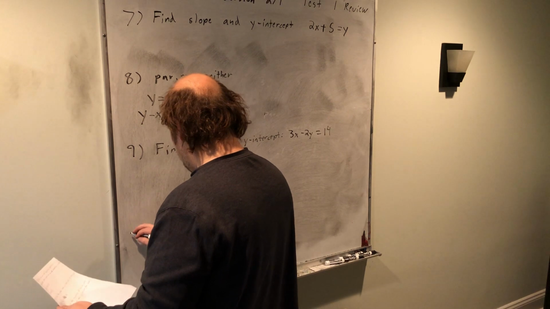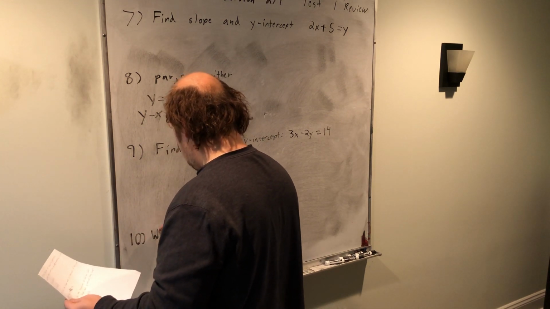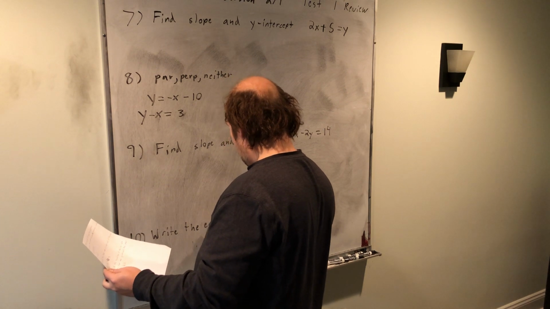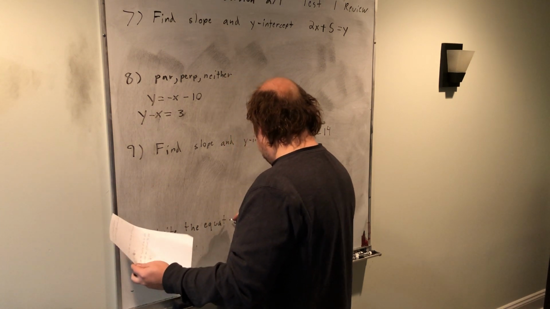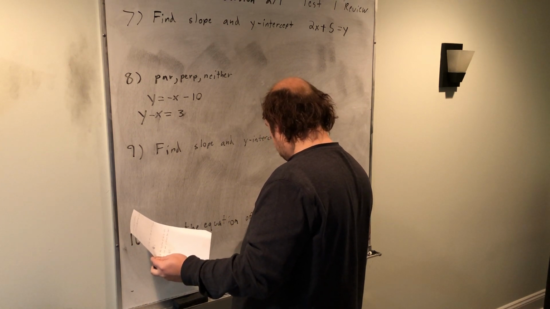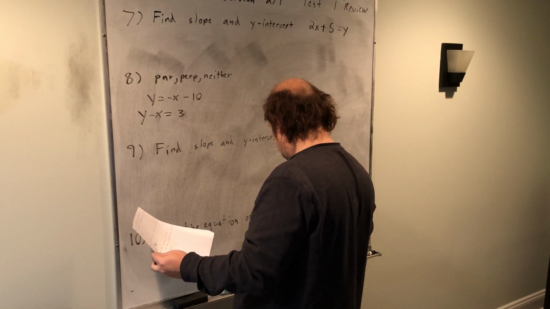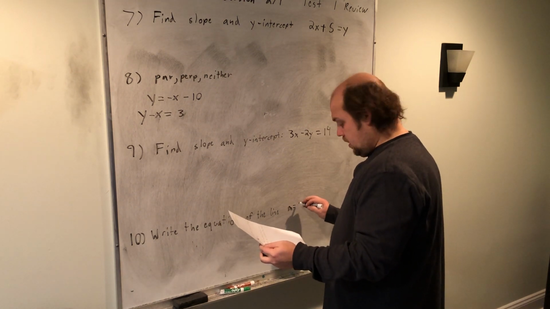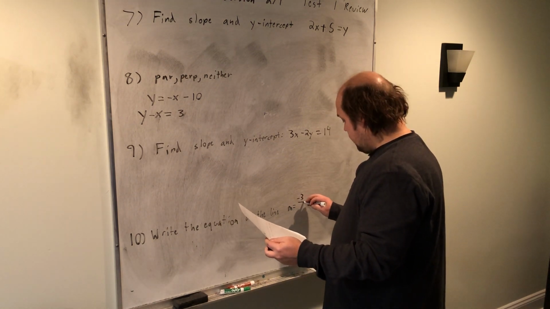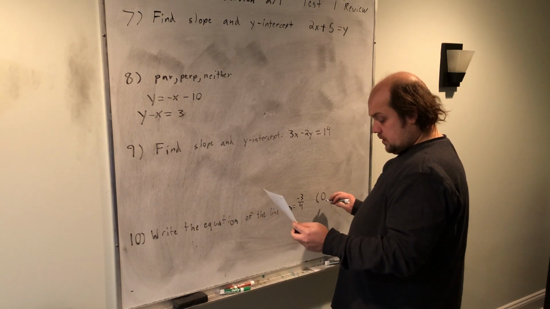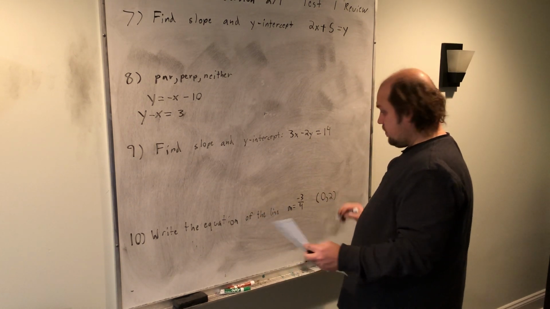And finally for number 10, write the equation of the line. And here we have a slope, m equals -3/4, and an intercept of 0, 2.